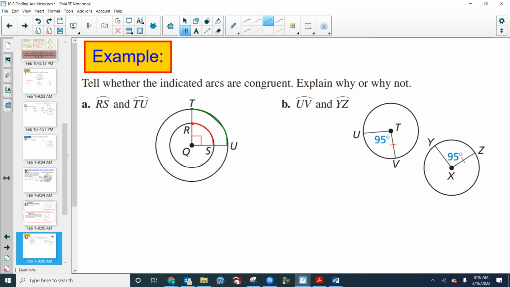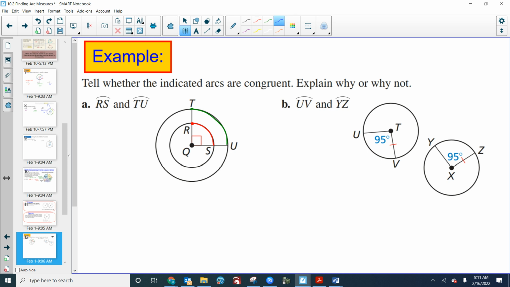We'll talk about the length of the arcs here in just a bit. All right, we're starting with letter B. We'll do letter A together.